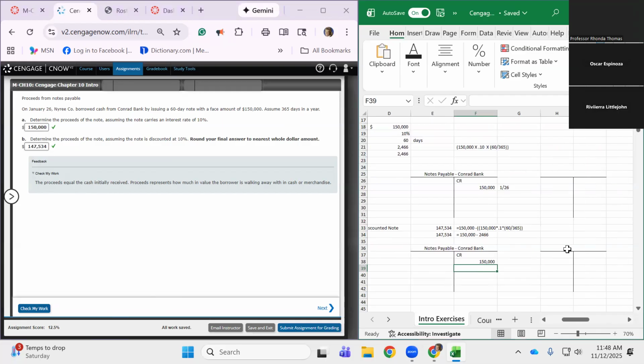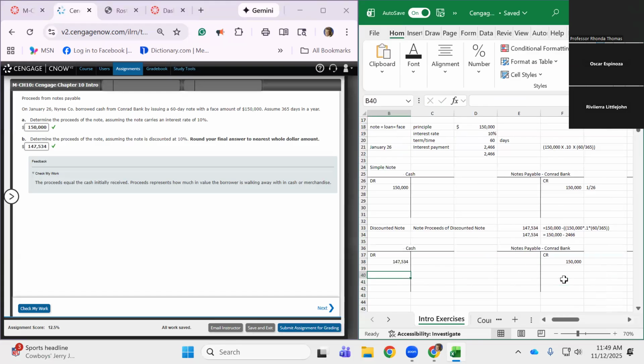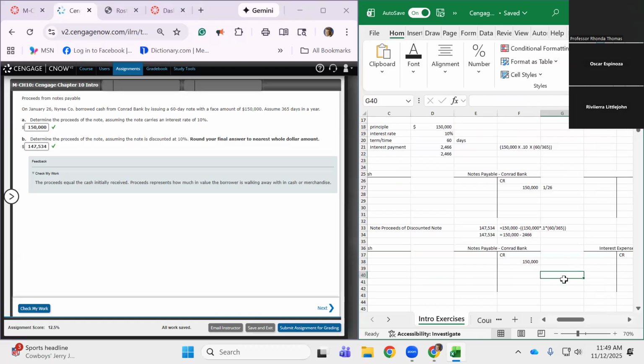You use another account: interest expense. We are the ones paying the interest. So interest expense comes right off the top of those loan proceeds. So we're already going to record at the beginning of that note the amount of the interest. This is how you put a discounted note in as a journal entry.